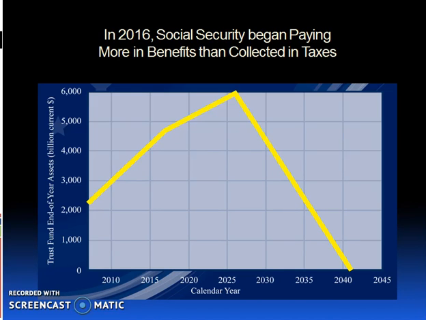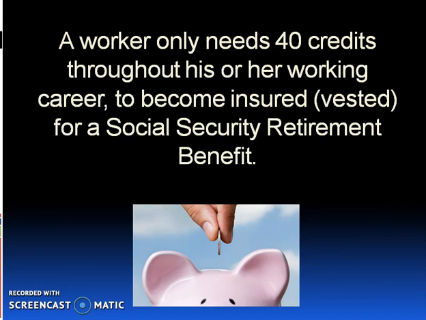So moving on, I want to get into a very interesting topic. A lot of the time people ask, how do you qualify for Social Security benefits? Well, you basically earn credits. You need 40 credits to get Social Security benefits.